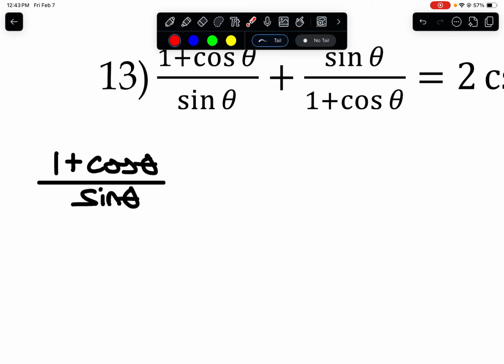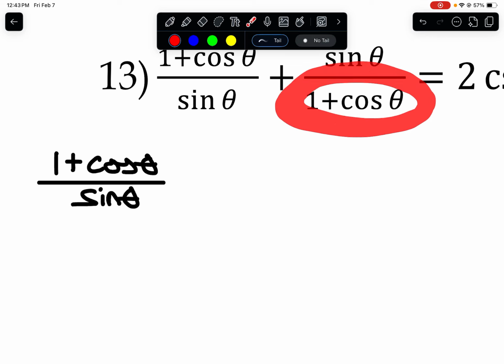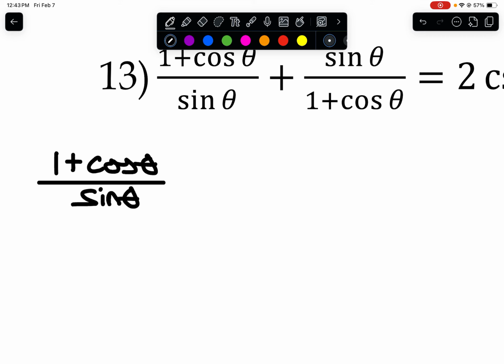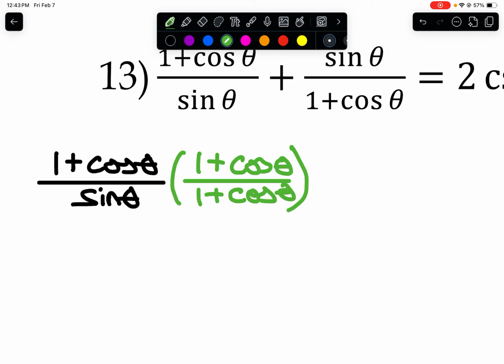I need to multiply by a funky form of 1 using the denominator from the right side. So I'm going to multiply by 1 plus cosine theta over 1 plus cosine theta. This is my funky form of 1.